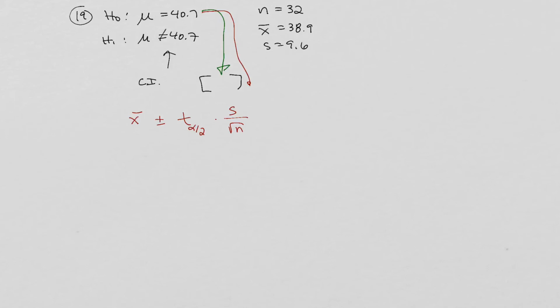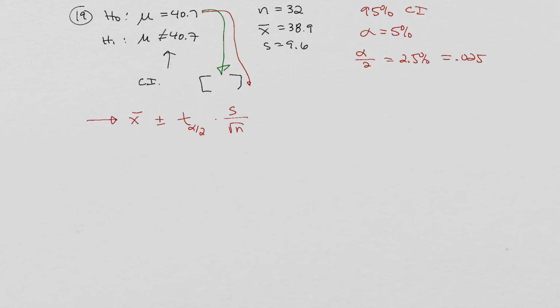All right, so for this particular problem in 19, we're trying to make a 95% confidence interval, which means alpha is 5%. So alpha over 2 is 2.5%, which is 0.025. Okay. All right, so here's what we've got.